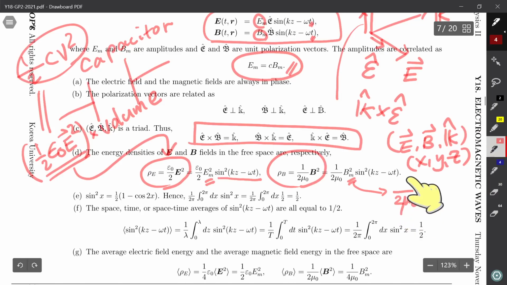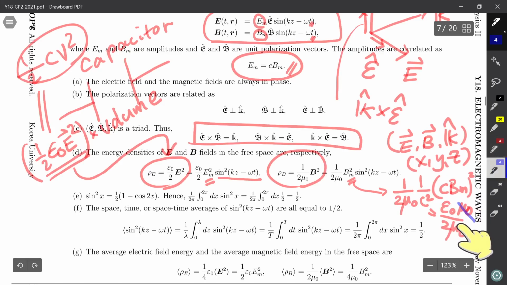This one can be c B_m squared multiplied by c squared, and that c squared is 1 over mu 0 epsilon 0, times mu 0.